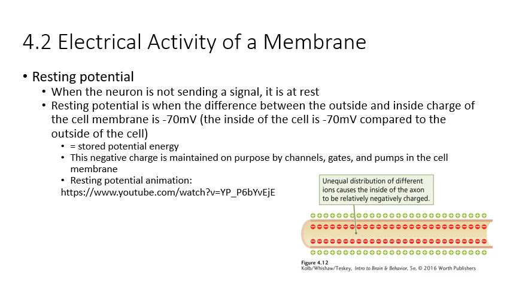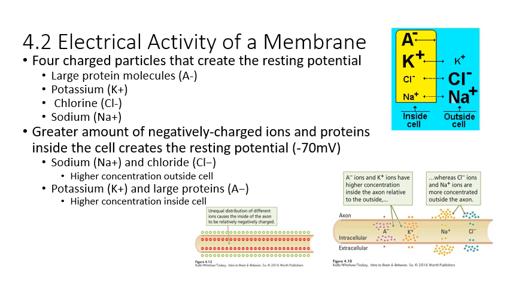The negative charge is maintained on purpose by the channels, gates, and pumps in the cell membrane. If you like, there's an animation on YouTube that gives a little more detail. There are 4 main particles that you need to know about that create the resting potential. There are large protein molecules that mostly stay inside the cell, symbolized with A-.